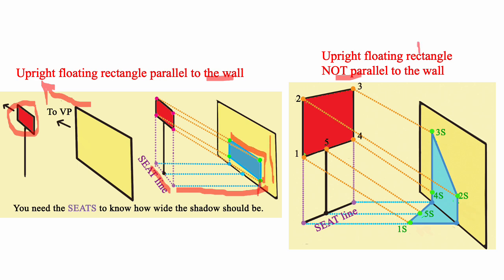Now, for an upright floating rectangle not parallel to the wall, I recommend numbering the corners. So number 1 here goes to intersection 1. Then the rest of this vertical pole, the shadow travels horizontally and then vertically up to intersection 2.